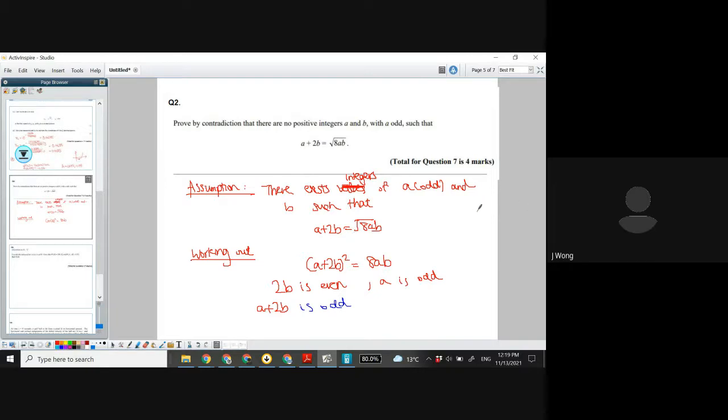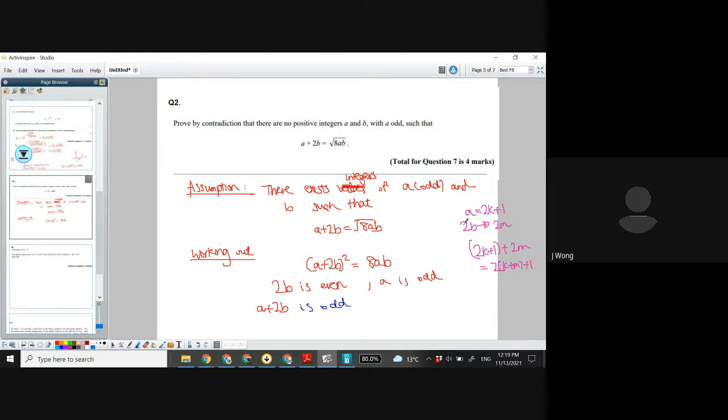But if you want to check using algebra, that's fine. So a, because it's an odd number, is 2k plus 1. I'm just going to do this as a rough working. You don't need it in the exam. It's just for understanding. So 2b is even, so you could say it as 2n, a multiple of 2 because it is an even number. So when you add this up, 2k plus 1 with 2n, then you could see that when you factor out 2, you have an odd one out.